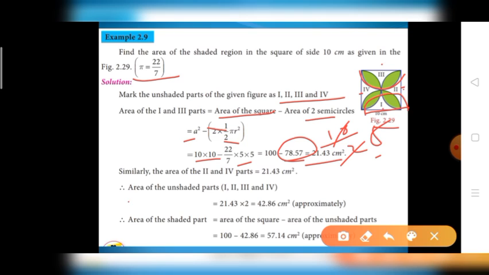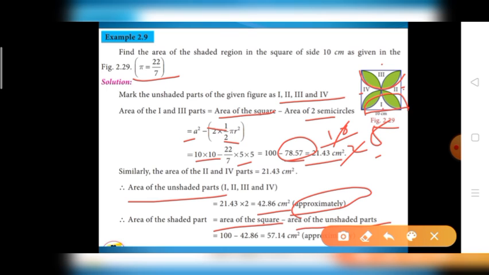Therefore, area of the unshaded parts 1, 2, 3 and 4 is 21.43 into 2, which is approximately 42.86 centimeter square.